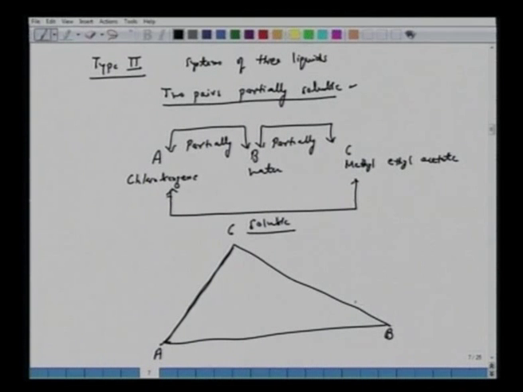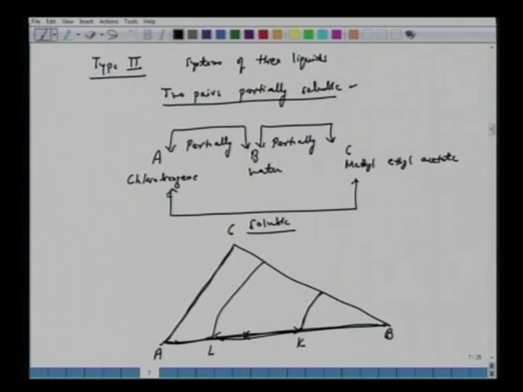But B and C as well as A and B are partially soluble. So you will expect a phase diagram like this. Let's again try to understand what we are saying here. There is a region over which A and B are partially soluble. So any mixture between this and this line here, if you mark it L and say K, you allow it to settle, it will separate.